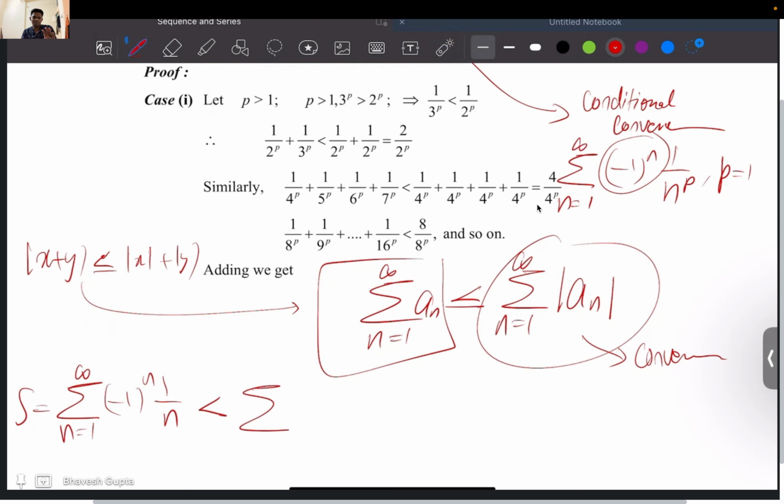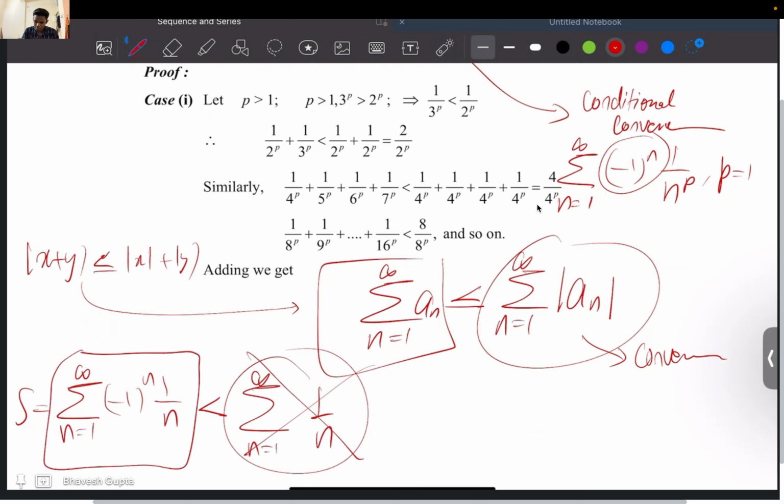Basically, not all the terms are of the same sign, they are of different signs. So what we see here is this, and this is definitely not convergent. If this is not convergent, then you cannot guarantee the absolute convergence of this. Cannot guarantee. Okay, so that's the idea. I hope all this is clear to all, right?